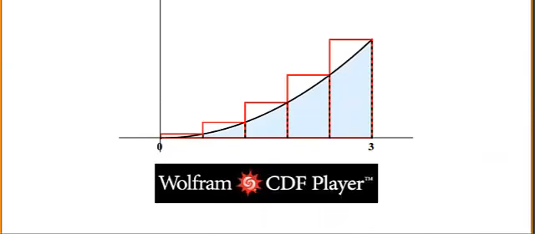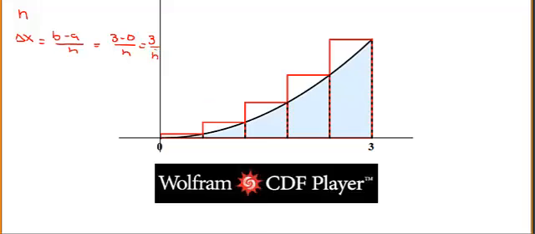Let's do this again, and I have this here. So let's say that we have just a value of n. Our delta x, our width of each of these, is going to be b minus a over n. That's going to be 3 minus 0 over n, or 3 over n.